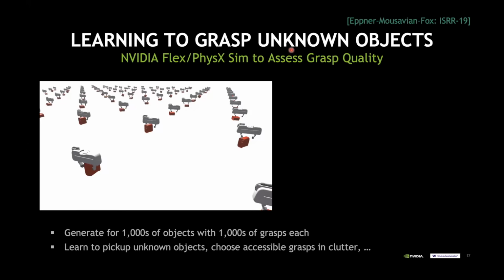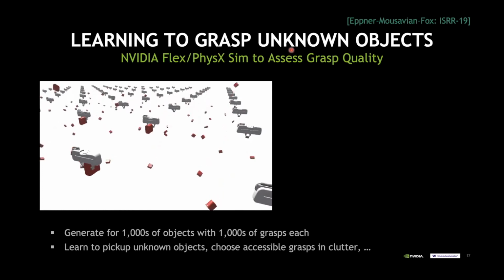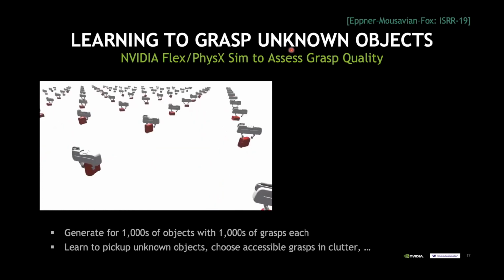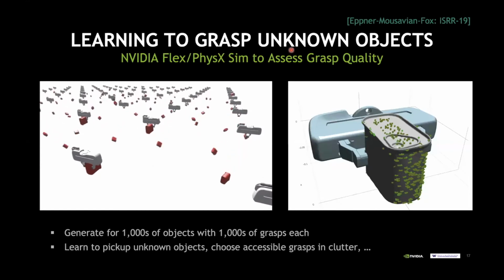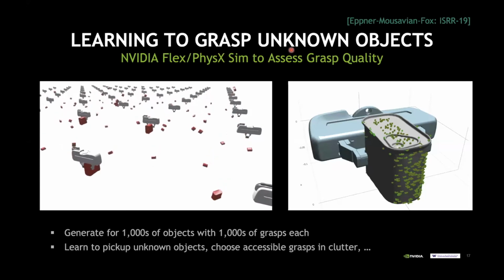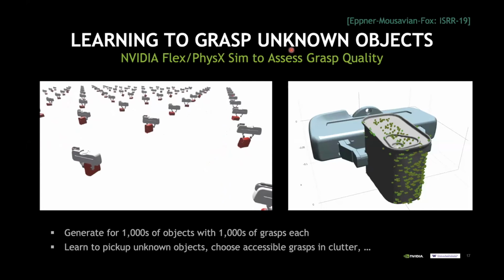And for each of these, you can then in parallel feed them into a physics simulator, and then you can evaluate which of these grasps are successful in grasping the object and holding it tightly in the gripper, and which ones are not. From that, you now get a large data set that might contain thousands of objects, all of them annotated with 60 grasp points that have a high chance of succeeding on these objects.